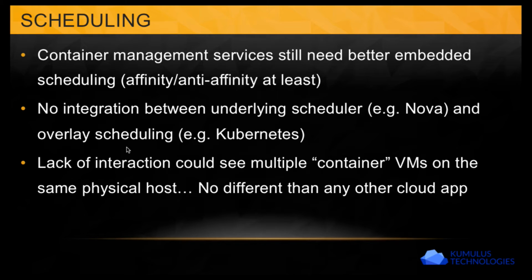But there's no interaction between that level of scheduler and the underlying infrastructure as a service scheduler, an example being the Nova scheduler, or one of those resource schedulers that's trying to figure out where to actually place the virtual machines. So that just means that you actually still have to go and check and make sure that the virtual machine is being distributed onto a physical resource that still has the performance you need to actually implement the function the container was supposed to provide.